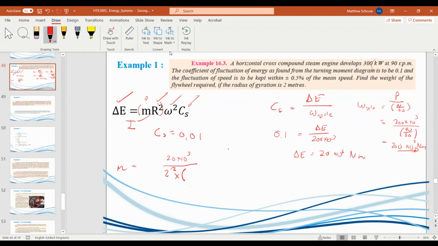Obviously, that's in RPM and not radians, so we have to convert that. And your CS is 0.01. So guys, remember, if it's plus or minus, it's essentially just times by 2. You know that it can't fluctuate more than 1%.